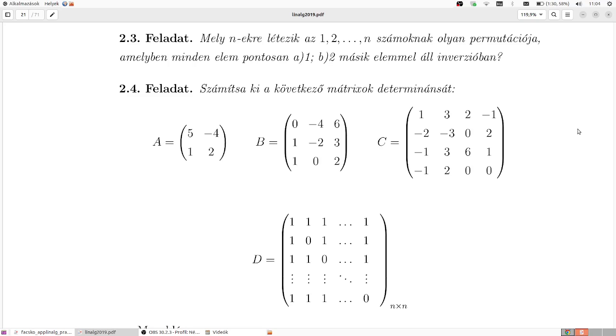Then I will continue, and I add the third row, the -2. Oh, you cannot see. The thing is, why don't we make the diagonal 0?